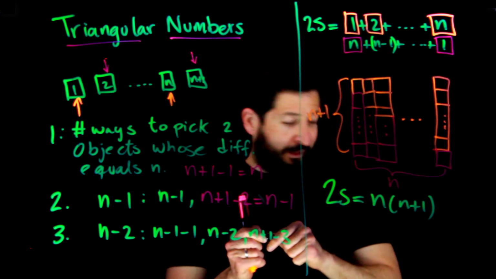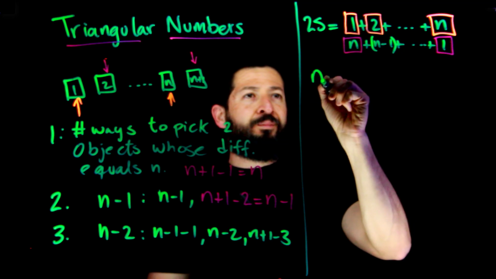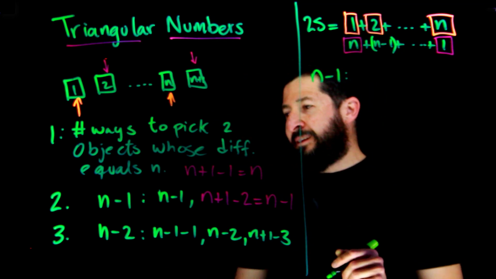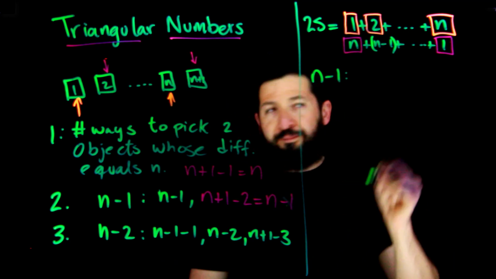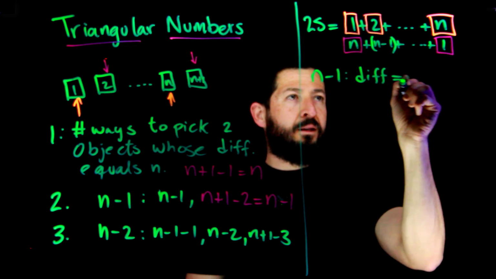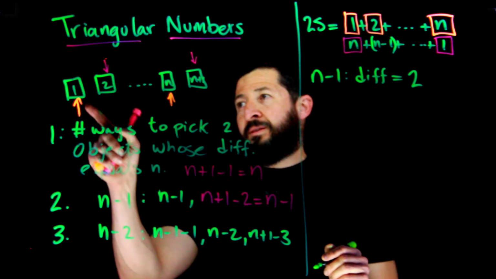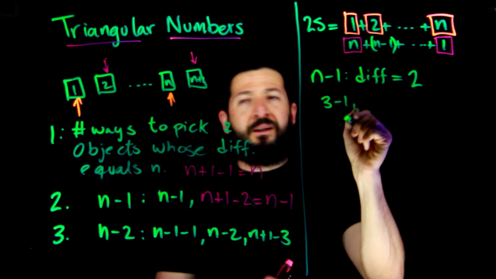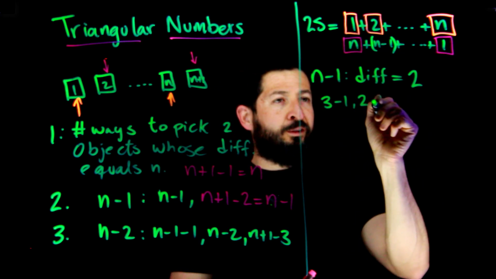Let me erase, and I'm going to write that. So let's go up to n minus 1. N minus 1 is going to be the number of ways that I can pick elements whose difference is 2. So the difference being equal to 2, if you grab 1, you can go to 3. 1, 3. Then you grab 2, you go to 4. Oops, I should have done 4 minus 2.